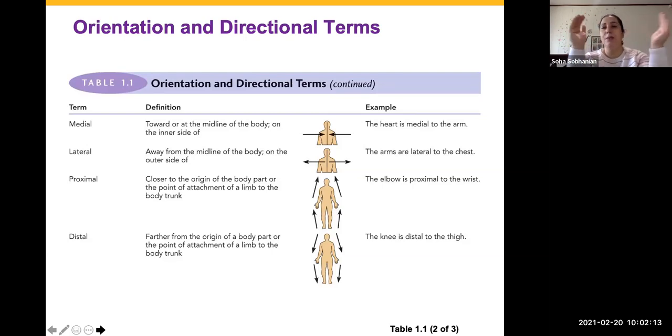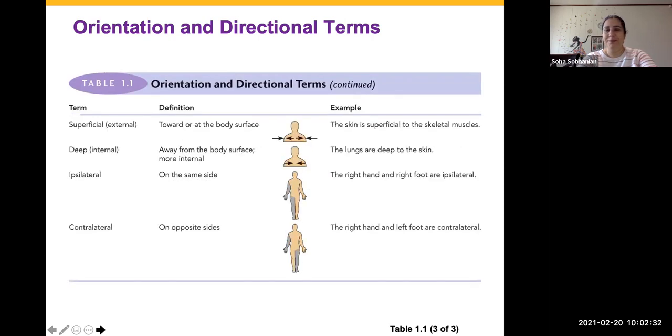Those are proximal blood vessels. And if you have blood vessels that are on your hands or on your feet, they're distal blood vessels because they're farthest away from your heart. So the words proximal and distal basically mean close versus far. Good? Okay. Awesome.